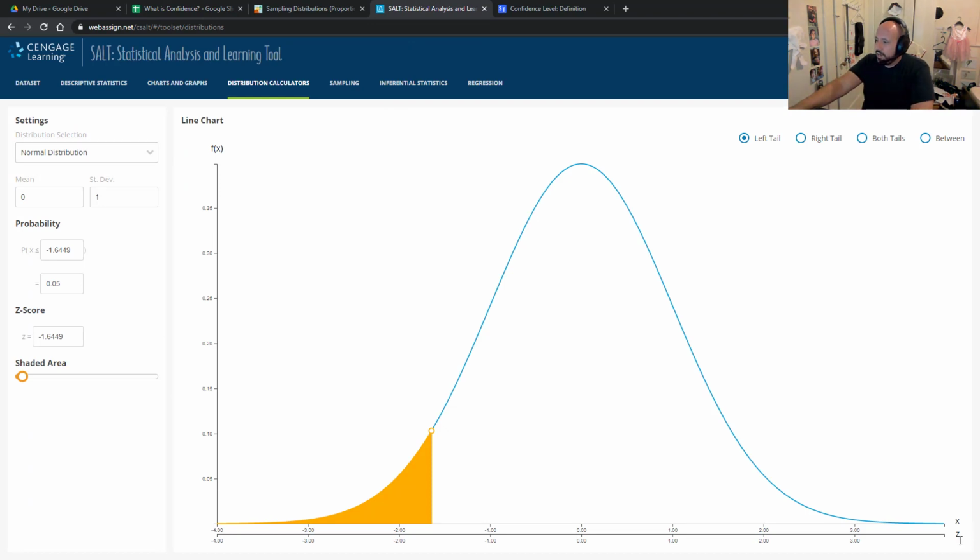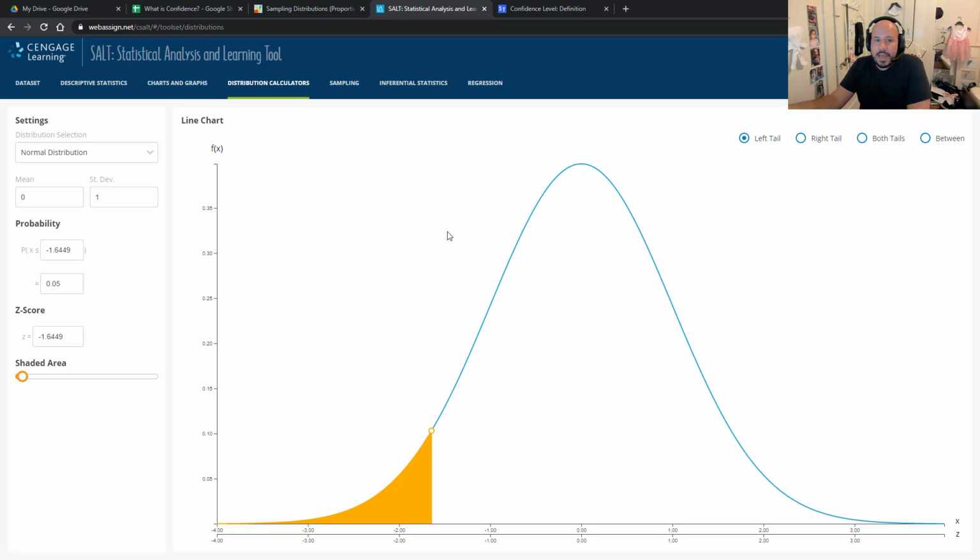I want you to notice here it has Z down at the bottom, and this is counting the number of SDs. If I set this at 0 and this at 1, then notice how the scale here matches the Z scale right underneath it. So right now we're just talking about our Z-score distribution, which in technical terms we would call the standard normal distribution.